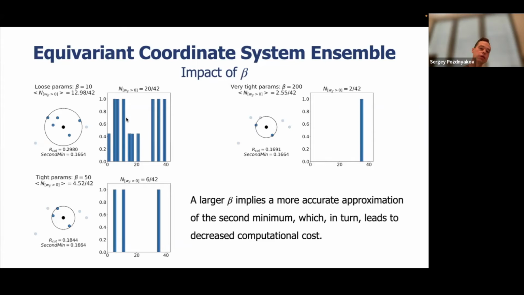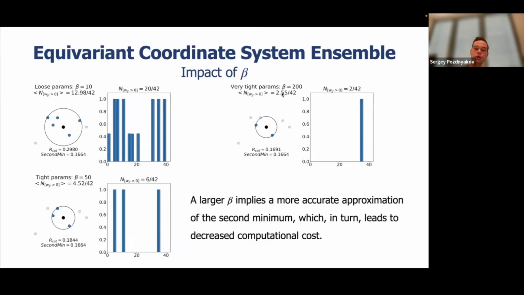And currently, only 20 of them are non-zero. Here, beta is larger, thus our cutoff radius is closer to the second minimum. It is smaller. Thus, there are only 3 neighbors inside our cutoff radius. And thus, for this moment of time, our symmetrization protocol uses 6 coordinate systems.